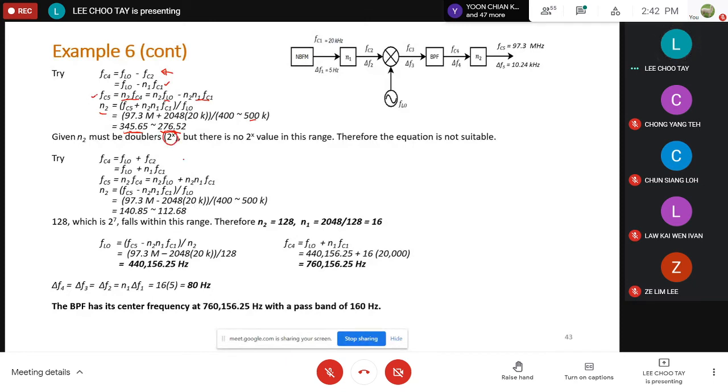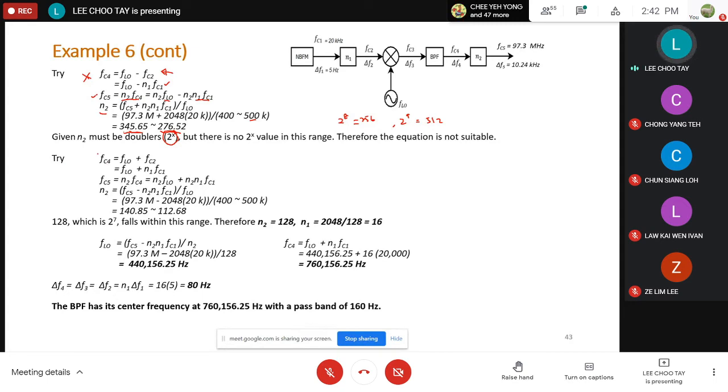However, in this range you won't be able to find any such number, because 2 to the power of 8 gives you 256, and 2 to the power of 9 gives you 512. There is no N2 that can fit this range, so this FC4 equation is not suitable. Cannot use this.